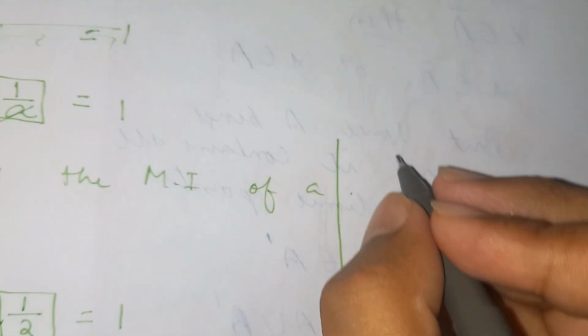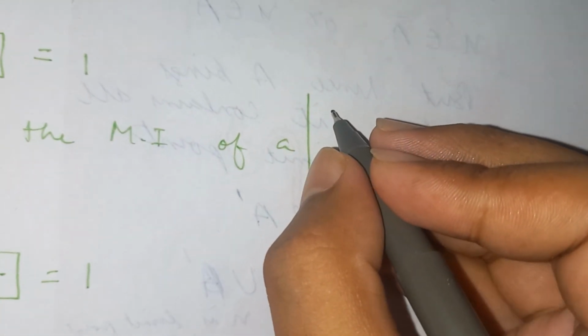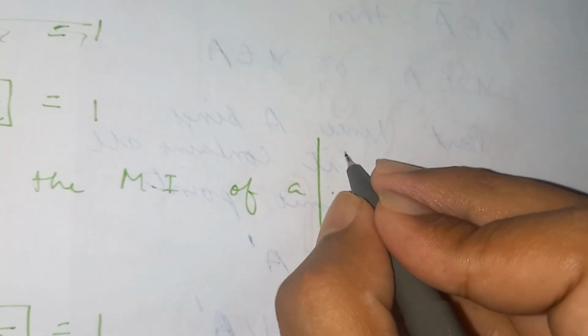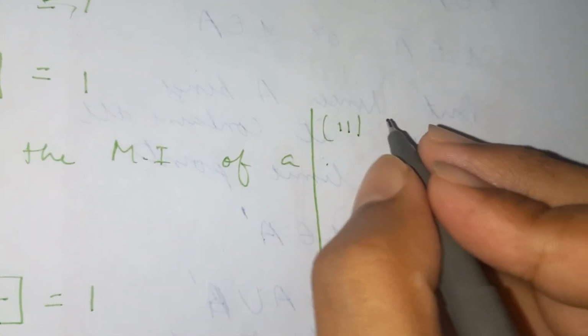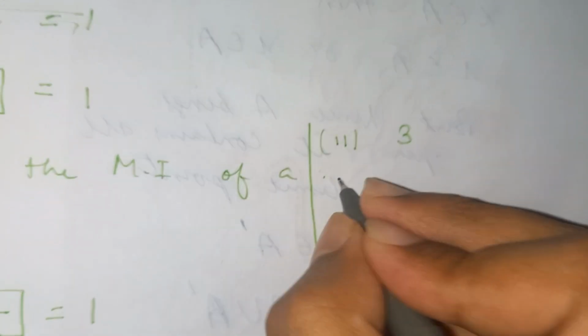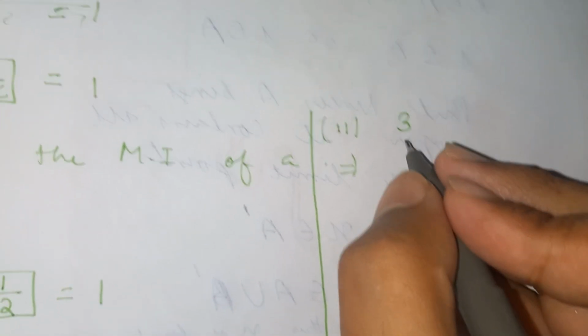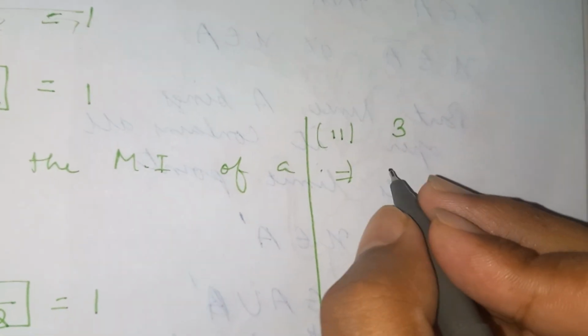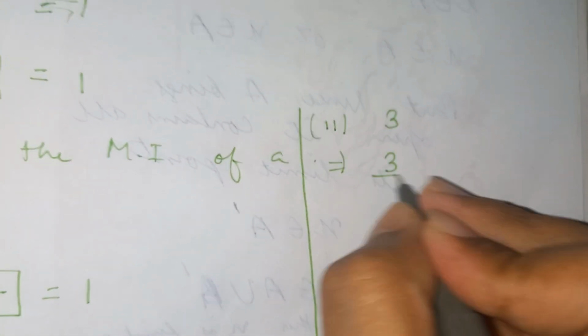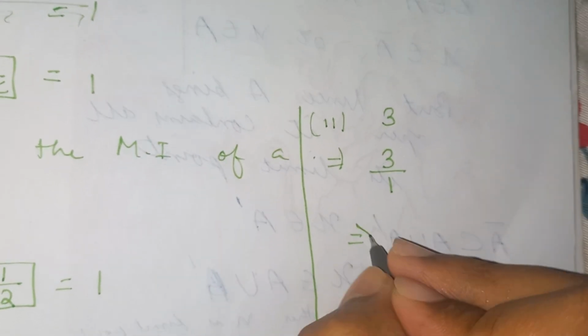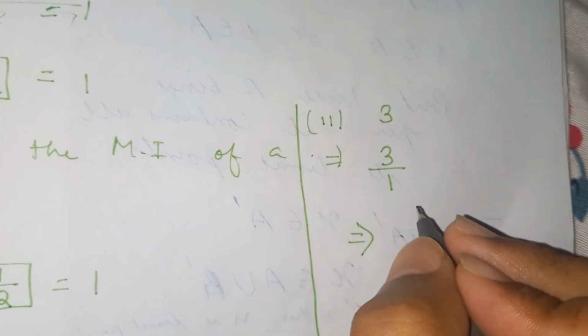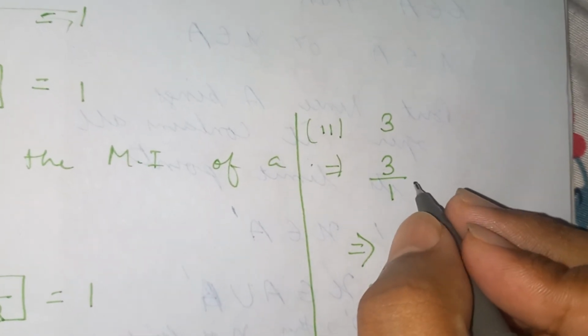Now I will tell you how to take out the multiplicative inverse faster. It's not faster, but it's a genuine method to see first. We have to find the multiplicative inverse of 3. So 3 can be written as 3 by 1. So we just have to interchange the numerator and denominator.